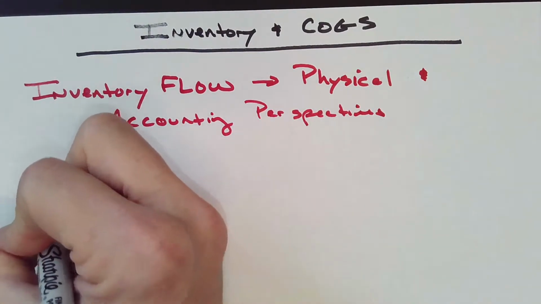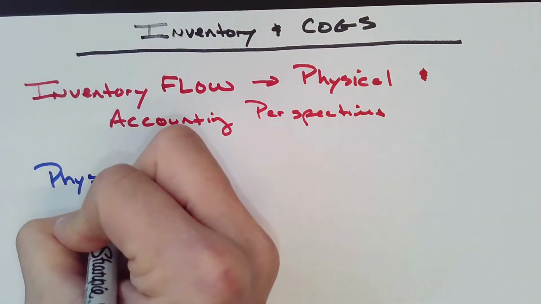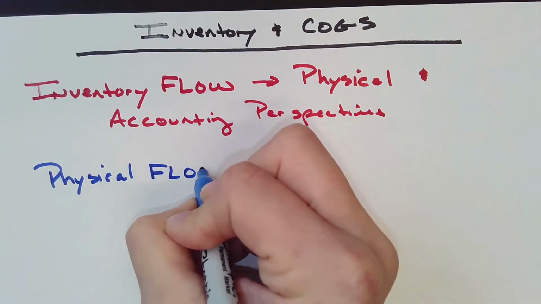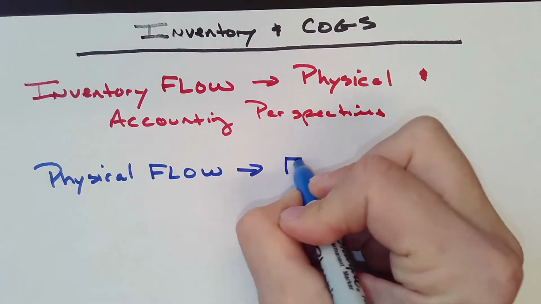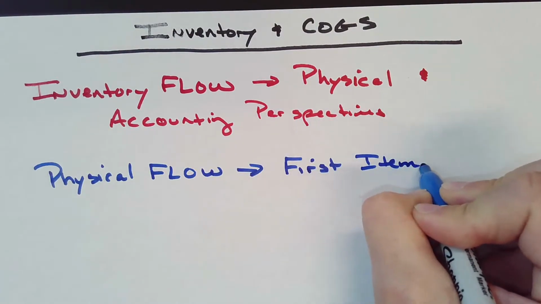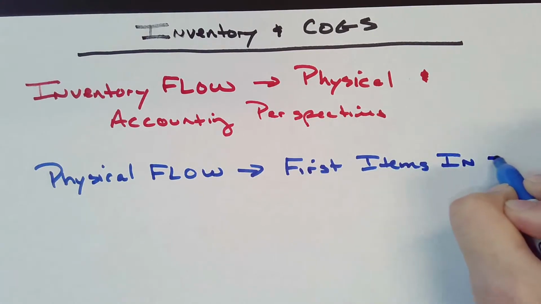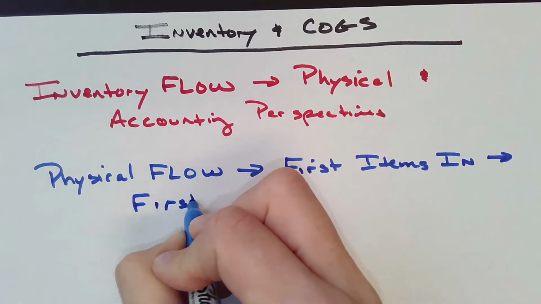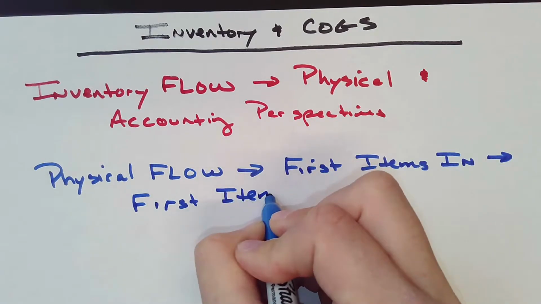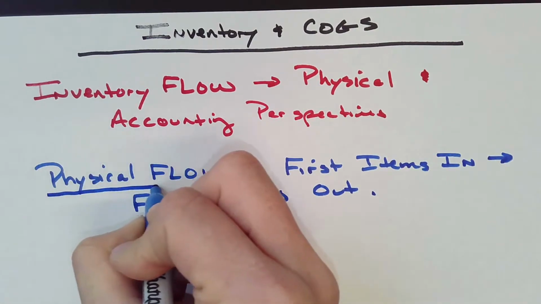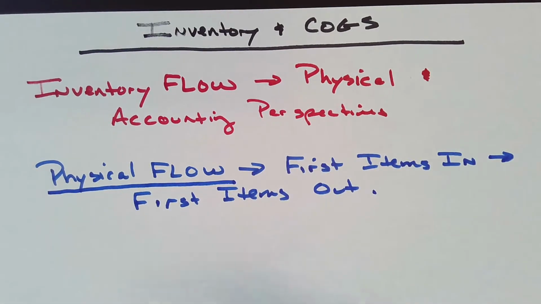So physical flow: the first items in are the first items out. Okay? That's the physical flow.